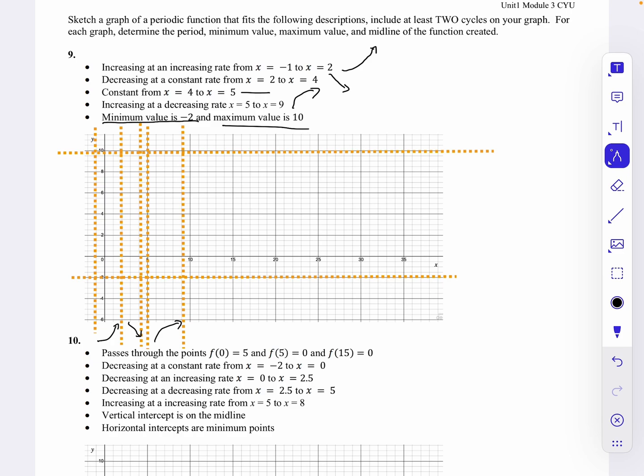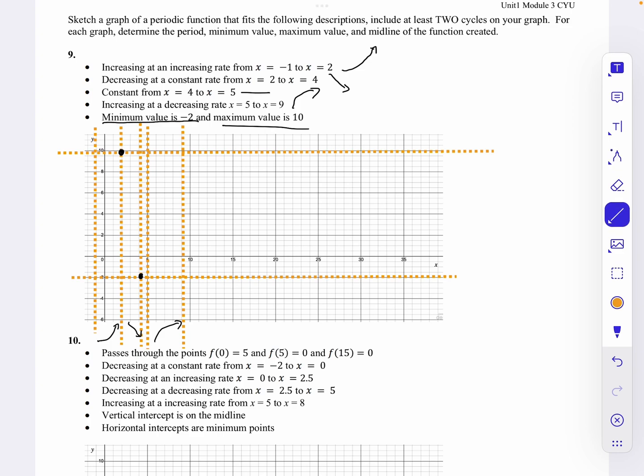Now, we need to pay attention here that the only time that it's going down is between 2 and 4, which means between those two values, I have to go from my high point to my low point. Because we're told that I'm going to hit that high point and I'm going to hit the low point.